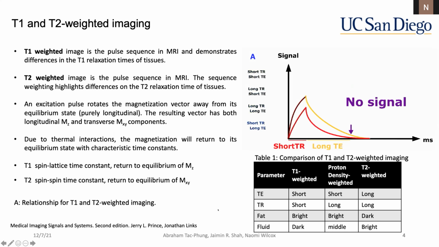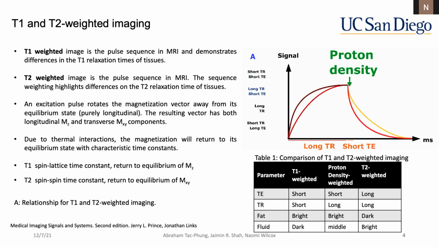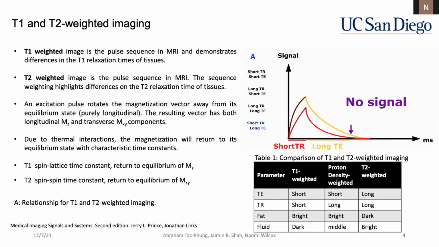T1 and T2 are different spin-lattice and spin-spin time constants for returning to equilibrium along their specific axis. On the right, figure A is another video showing the resulting signal as we change the TR and TE values, and the amount of time it takes for fat and fluid tissues to become dark or bright, depending on what we're looking for. All right, next slide.